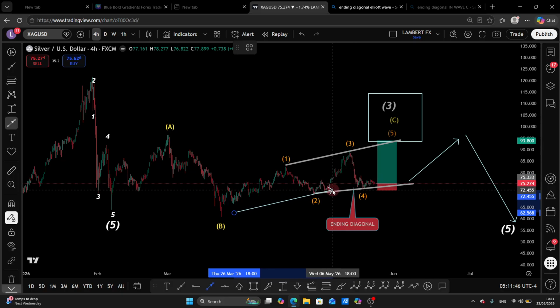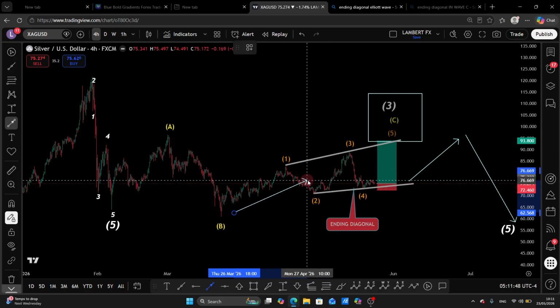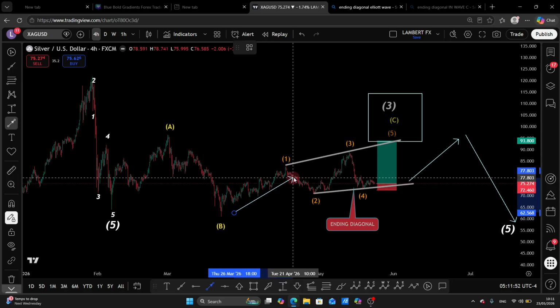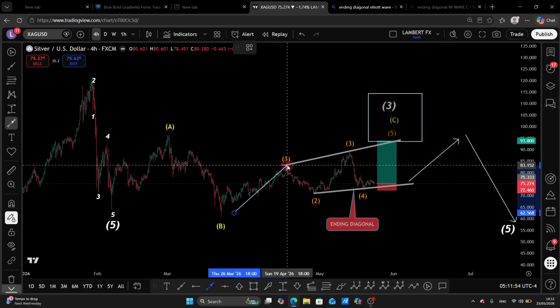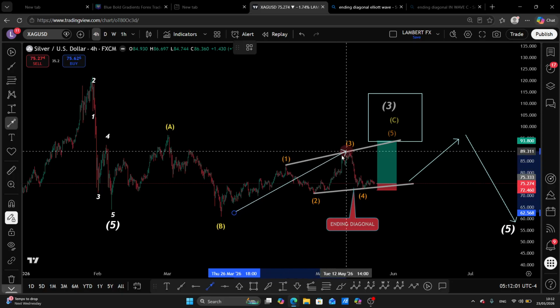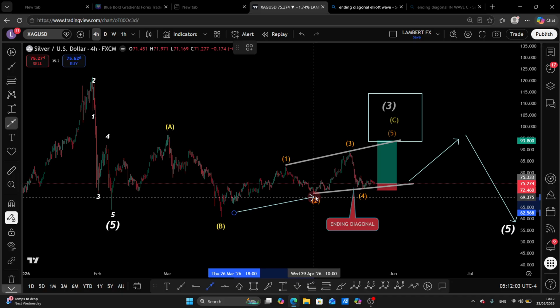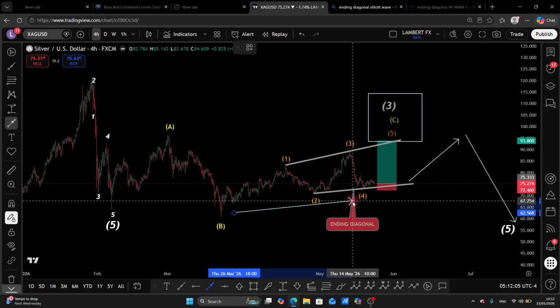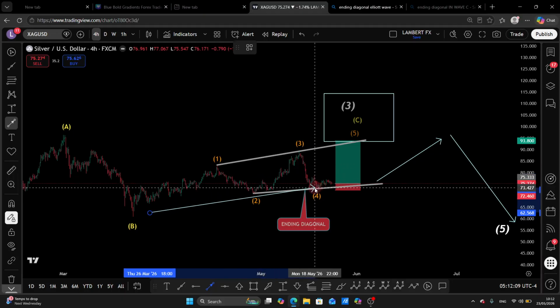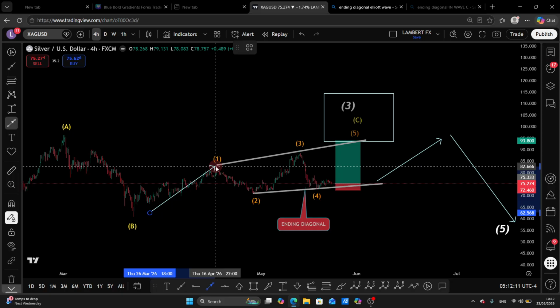The other rule that we said earlier is that the trend line must connect your 1 and 3, and as you can see, the trend line is connecting 1 and 3, and also should connect 2 and 4. And your 4 should overlap your 1.